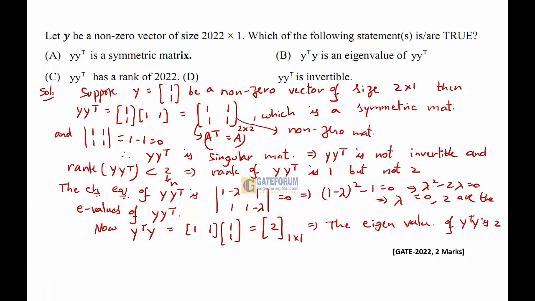It is a 1 cross 1 matrix having only one eigenvalue. So this 2 and this 2: this 2 is also an eigenvalue of Y into Y transpose.